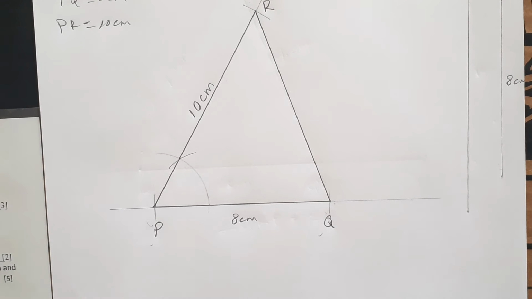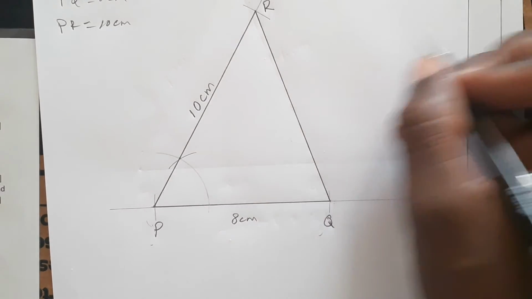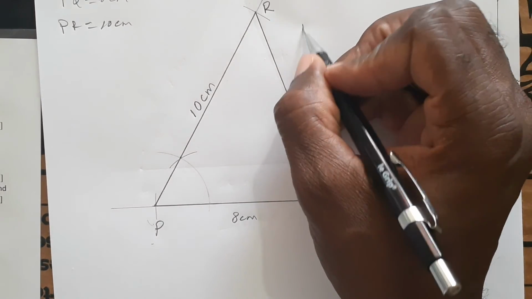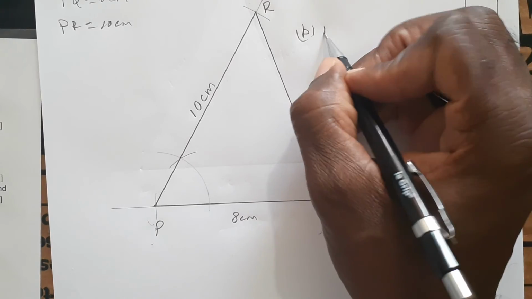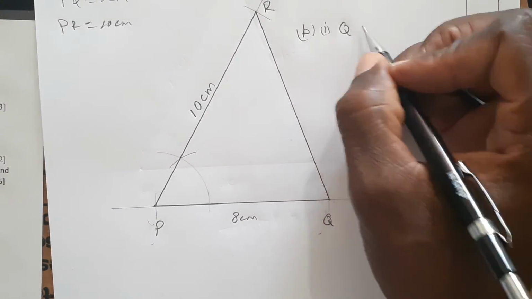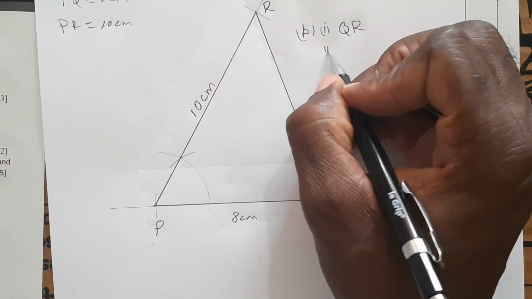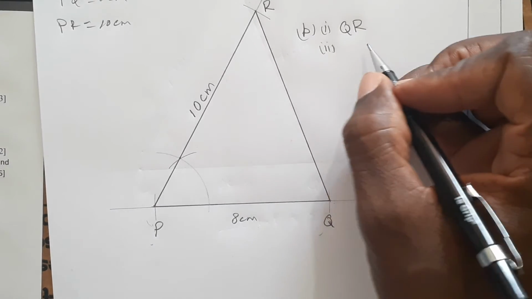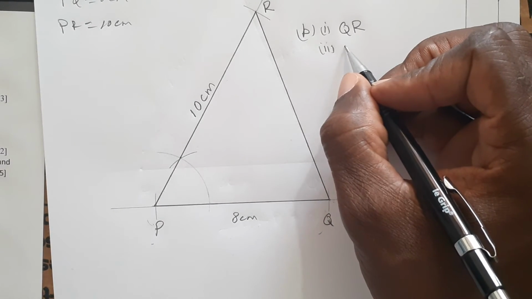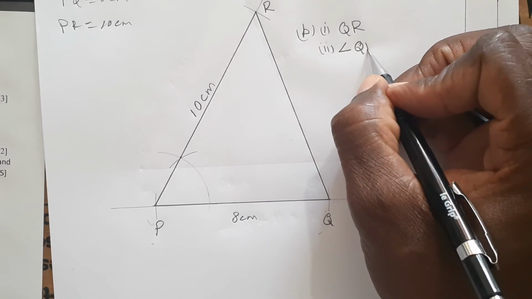But remember also part B of the question. It says we want the length of QR, and we also would like to measure the size of angle QRP.